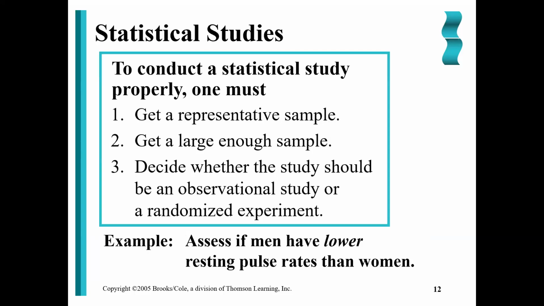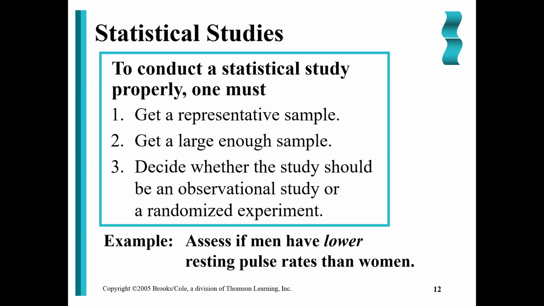So when we do a statistical study, what do we do? Well, number one, we want a representative sample. Now, someone earlier had mentioned this idea about volunteers to a study. This happens in experiments, especially at colleges and universities quite often, is that they'll advertise for someone to take part in an experiment, and the person's really not randomly chosen.